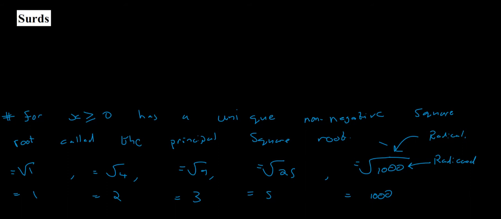Let's use a different color. So the square root of 4 is plus or minus 2 because 2 multiplied by 2 is 4, and also negative 2 multiplied by negative 2 is also 4.